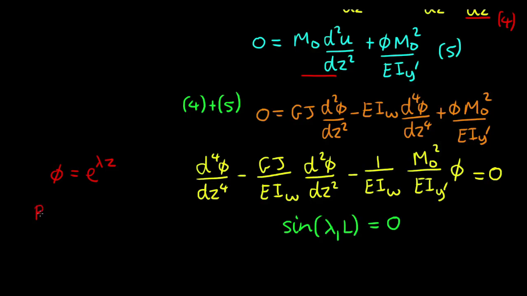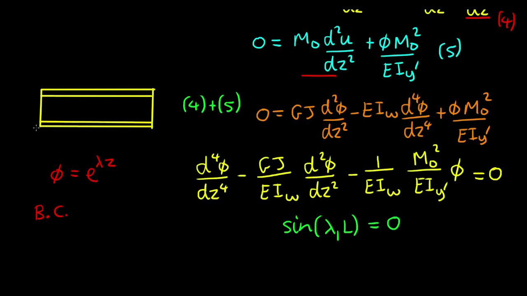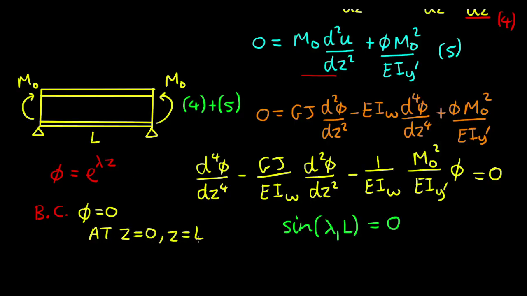And then the boundary conditions you'll apply being no twisting, but free warping at the ends of the beam, which in this case for our beam, assuming it's simply supported and subjected to externally applied moments, we have no twisting at the supports, so the angle of twist is 0 at z equals 0 and z equals the length of the beam, and we have free warping at the ends, so therefore the second derivative of the angle of twist is equal to 0 at the supports.